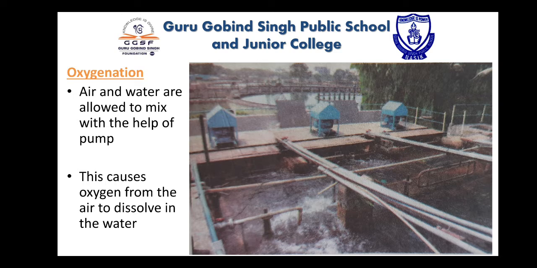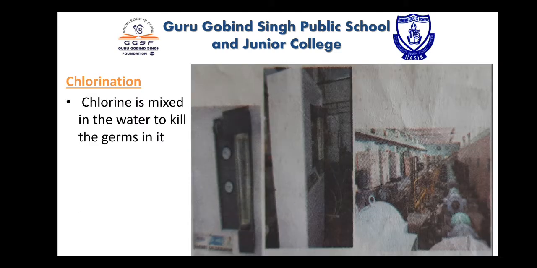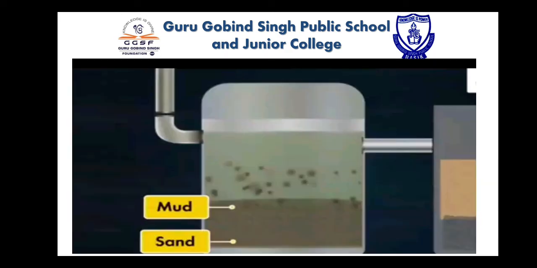Air and water are allowed to mix with the help of pumps. This causes oxygen from the air to dissolve in the water. And last one is chlorination. Chlorine is mixed in the water to kill the germs in it. Students, let's see these all four processes with the help of video.